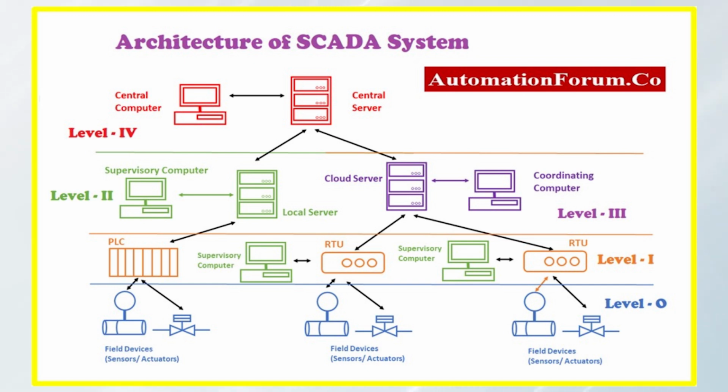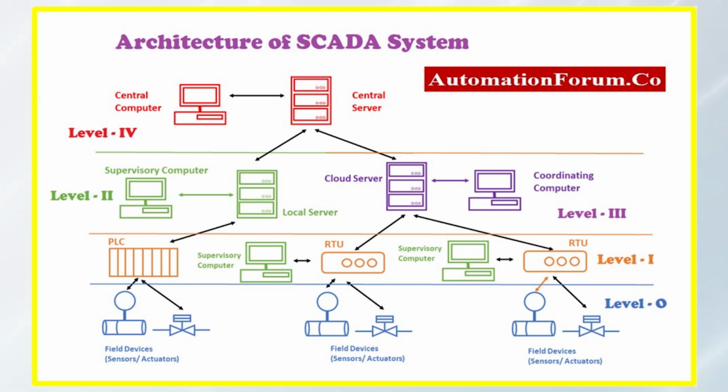Similarly, the programmable devices directly control the ground level devices or the physical devices such as sensors and actuators connected through a LAN and a WAN network. The SCADA system is established with only the local area network or through a combination of both the local area network and the wide area network.